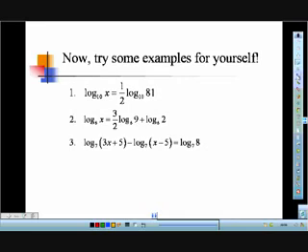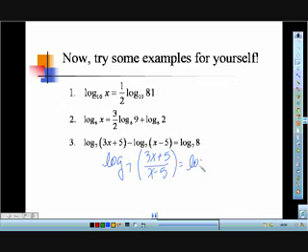Okay, here we have subtraction, and that means that's going to become division. So this will be log base 7 of 3x plus 5 over x minus 5 equals log base 7 of 8. And because we're narrowed down to 1 log on each side, I can just rewrite that as 3x plus 5 over x minus 5 equals 8.